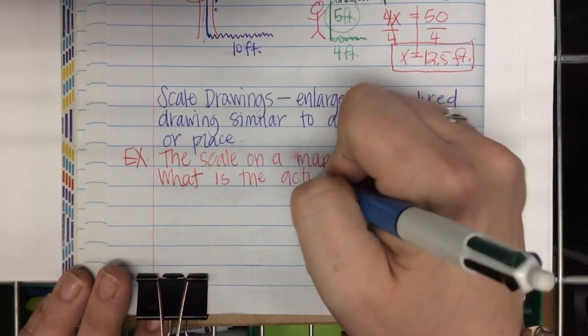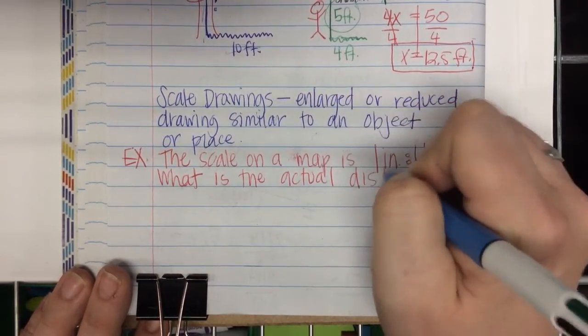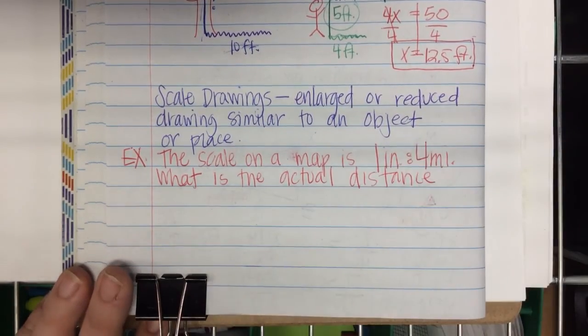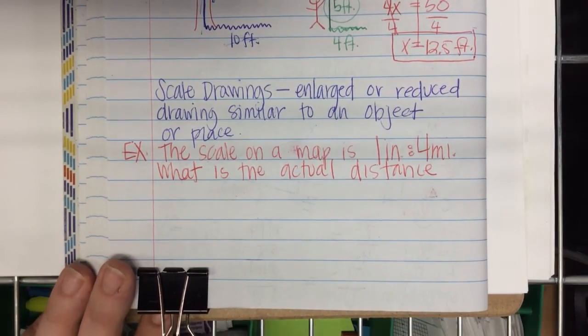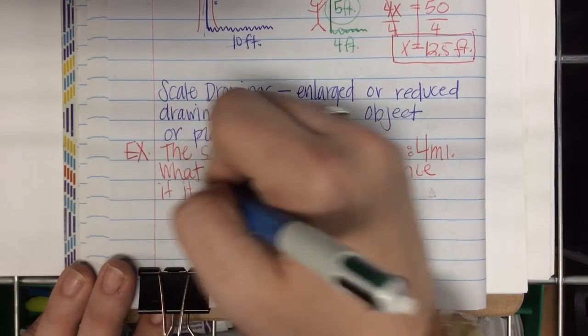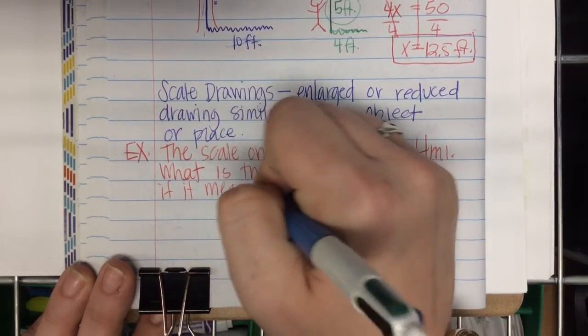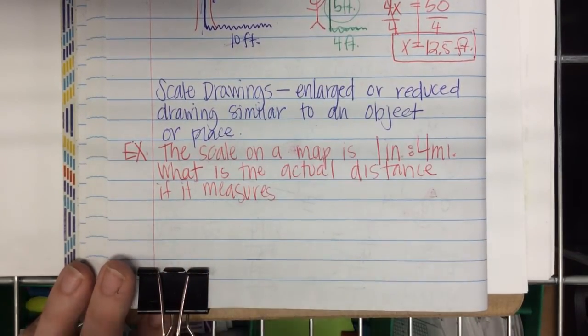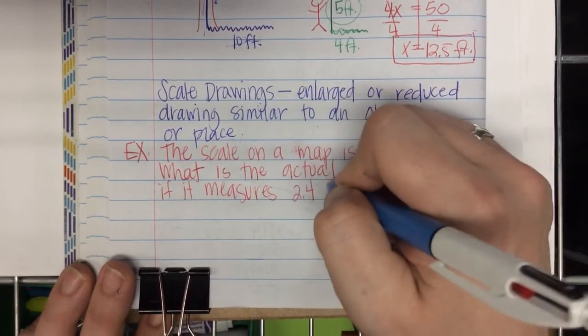What is the actual distance if it measures 2.4 inches?